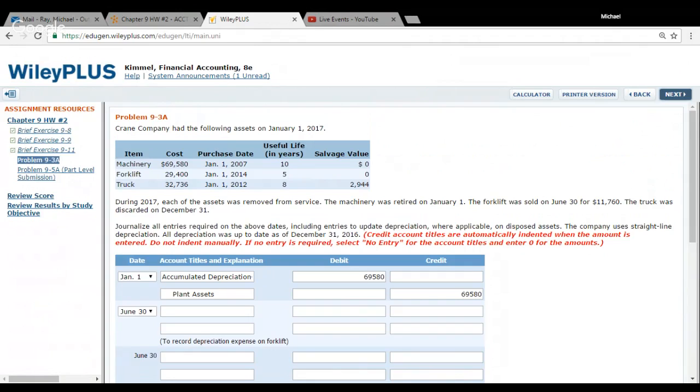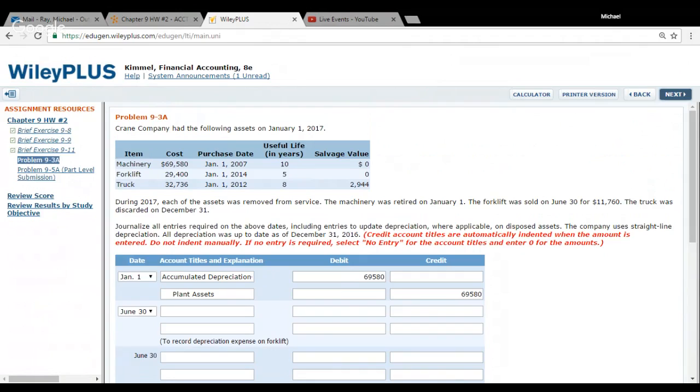Since the depreciation is updated all the way from December 31st, 2016, we only need to calculate 6 months of depreciation this year before we sell it. So we do 6 divided by 12, which is 1/2.